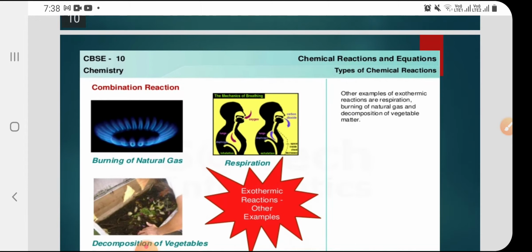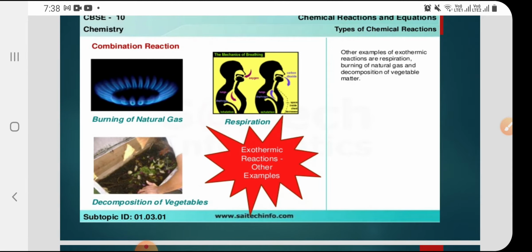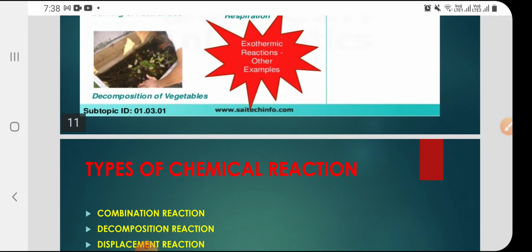In chemistry, many reactions are combination reactions. When we talk about burning of natural gas, that is a combination reaction. Same when we do respiration, meaning breakdown of food in the cells, that is also a combination reaction, because after that we get the product.